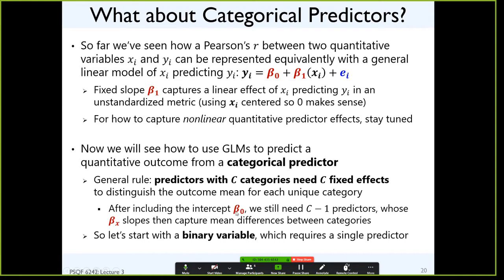In practice, that translates to an intercept, which is going to be the expected outcome for the reference category, category 0, and then we'll need C-1 predictors, and they'll each have a slope that then distinguishes those. So in the simplest case with just a binary predictor, we only need to put one predictor in the model, and that is whether or not the case in each row is a 0 value or a 1 value.